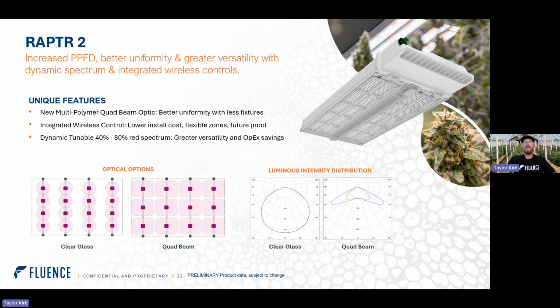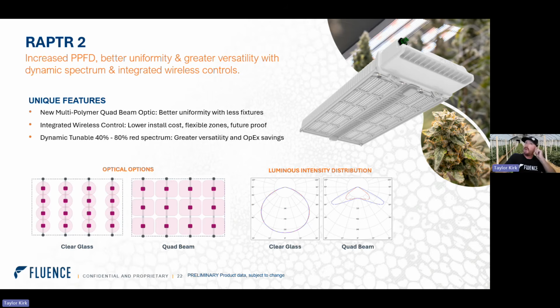It's going to come with an integrated wireless system, which is also enabling growers and other dynamic features of rezoning rooms on the fly. Maybe you're going to load new genetics one cycle or at your next cycle, and you want to treat a certain zone a certain light recipe. It's going to offer that flexibility.